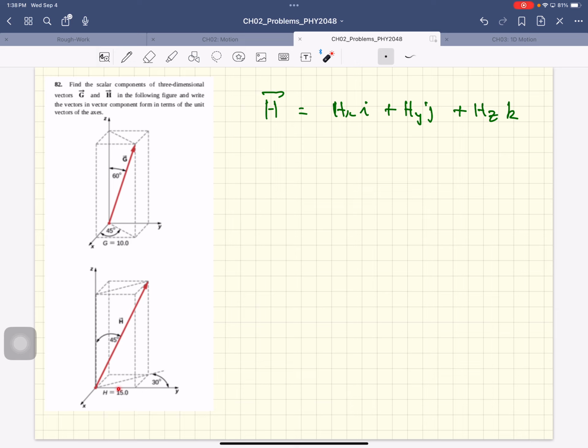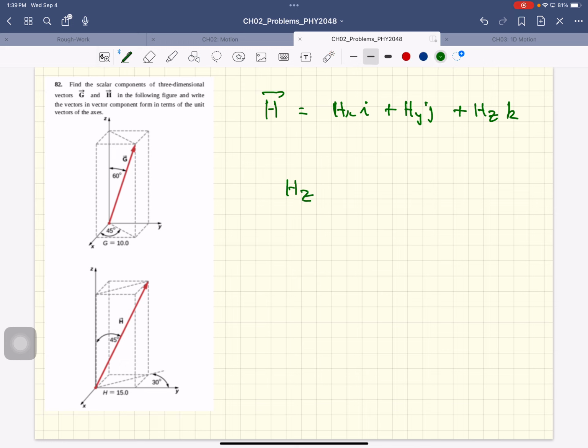The z component, hz, is h cosine 45. So you're looking at this triangle. You see this triangle, and this side is h cosine 45. You understand?